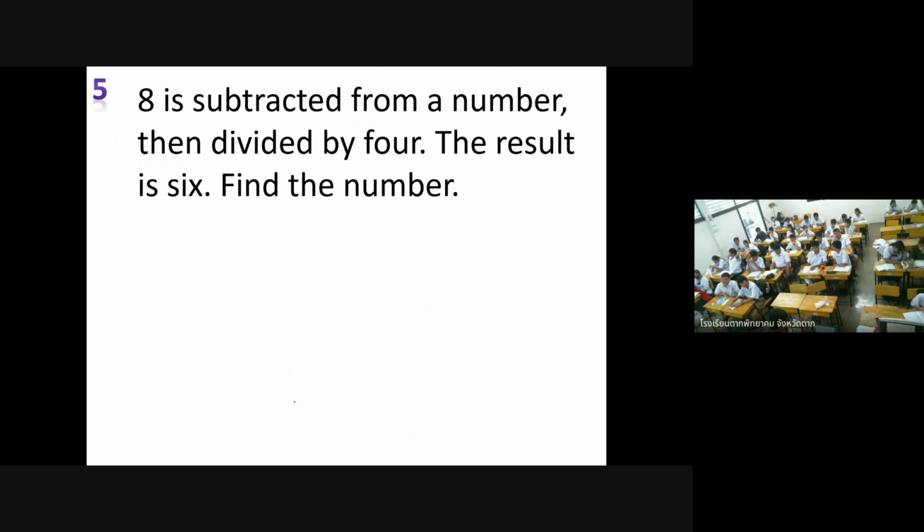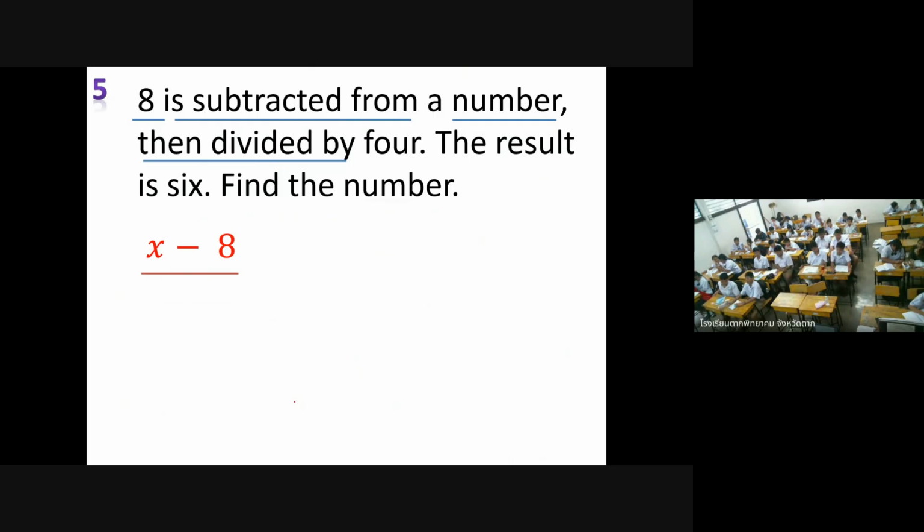32. Why, everyone? We know that's 8. Subtracted from means minus, but swapped. A number x, then divided by 4. The result is 6. Find the number.